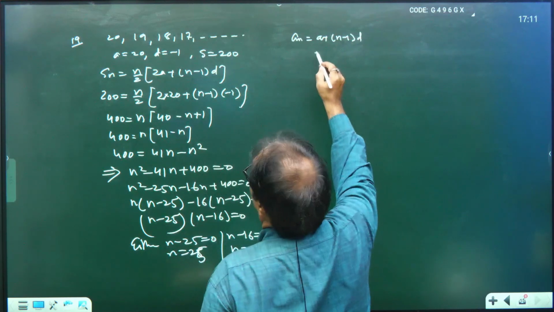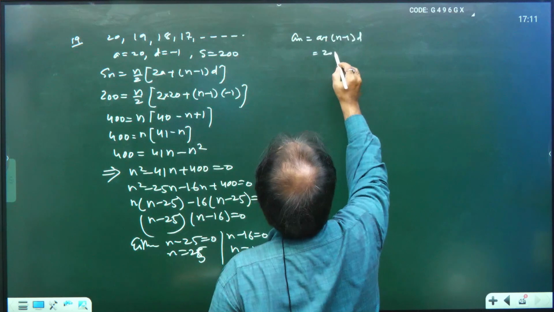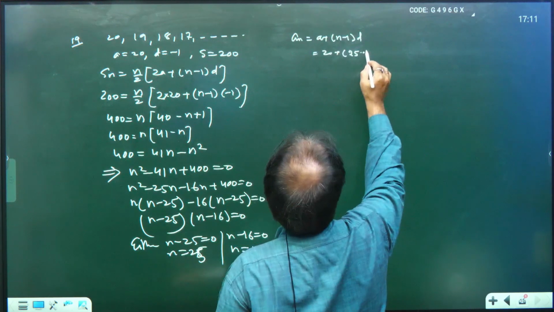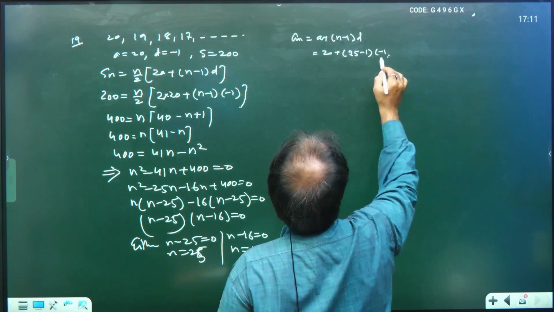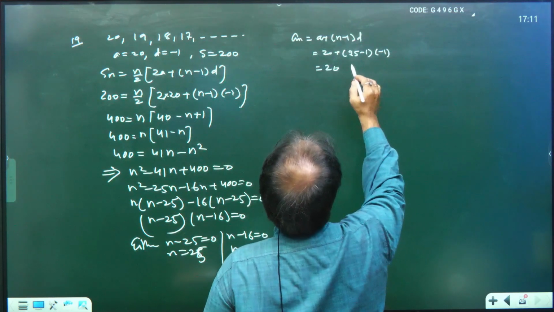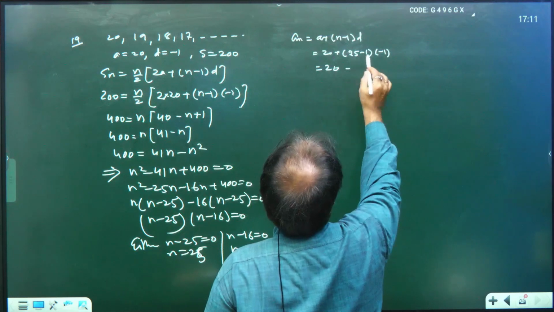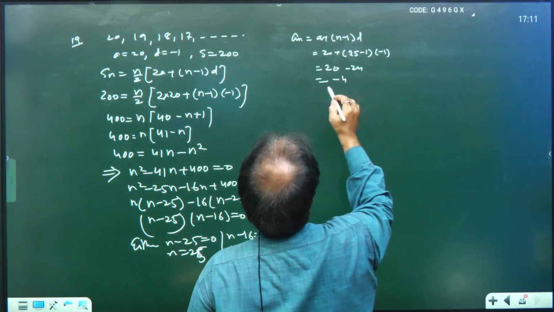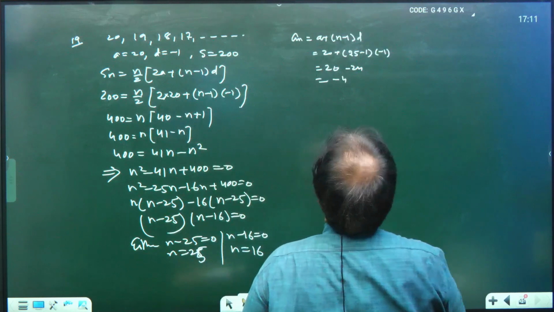So a is 20 and n is 25, so 25 minus 1, and d is minus 1. So this is 20 and 25 minus 1, 24. So it will be minus 24. So this is minus 4. So this is not possible.